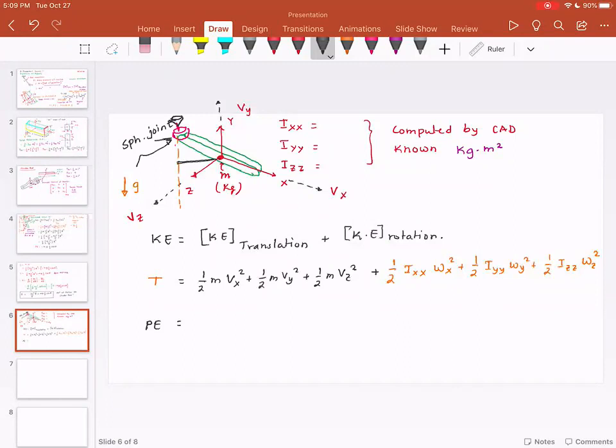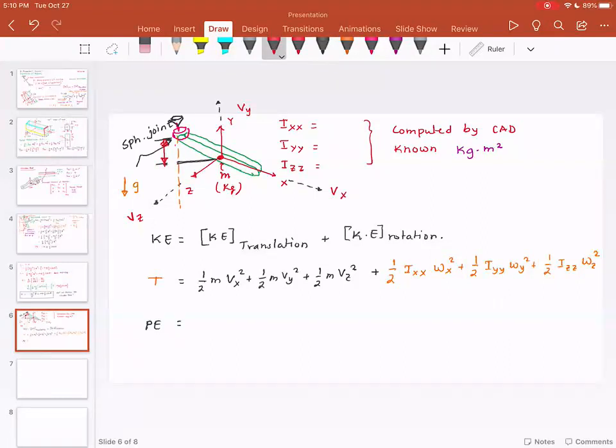So this length, and I'm going to show it over here, depending upon how this rod is oriented in three dimensions, this length would be changing. For example, if the rod has two angles, theta and psi, then you will have to take appropriate components.